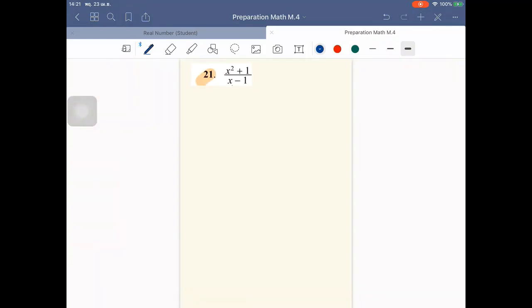Okay, last one. Question 21. Okay. The first one, you multiply x, you get x squared minus x.